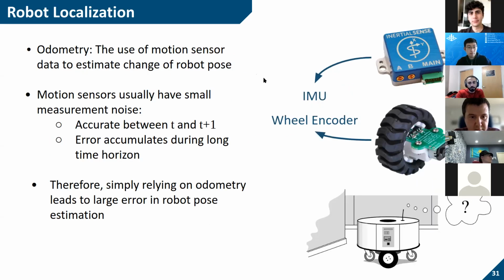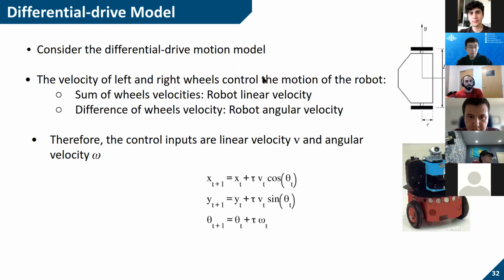In this workshop, we talk about the differential drive model only, which is basically a kind of robot that can adjust its linear and angular velocity by choosing velocities for its left and right wheels.